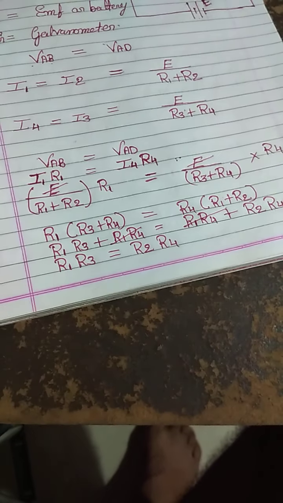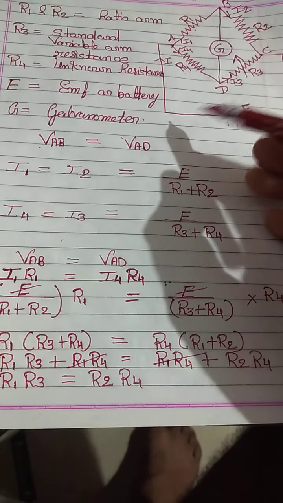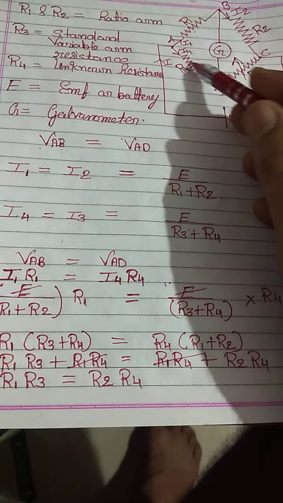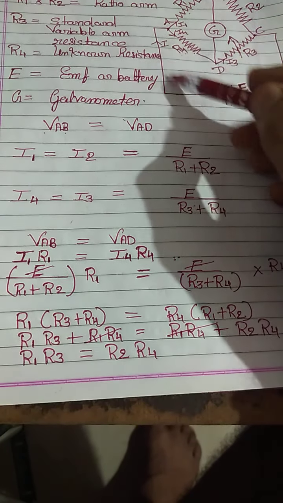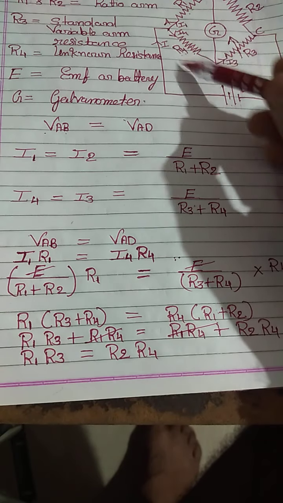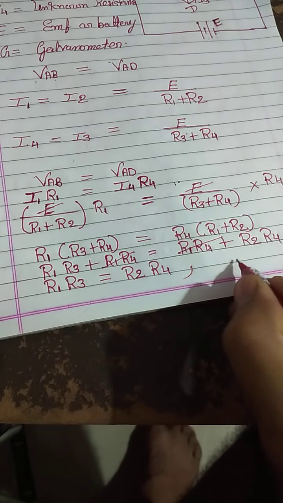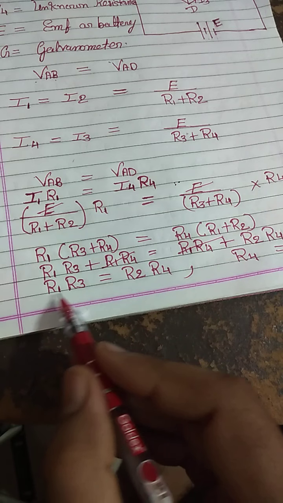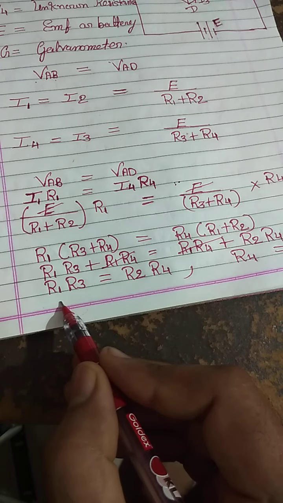Now we have to determine the value of the resistance in arm R4, so we have to define the R4 resistance. I will make R4 the subject. R2 will come to the denominator of R1.